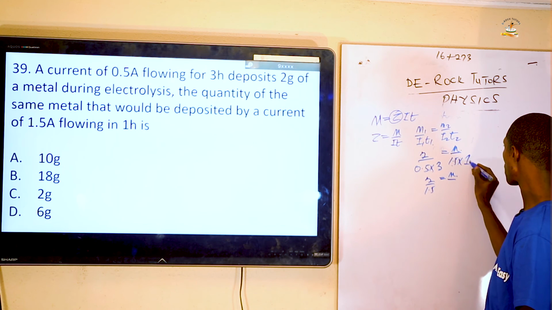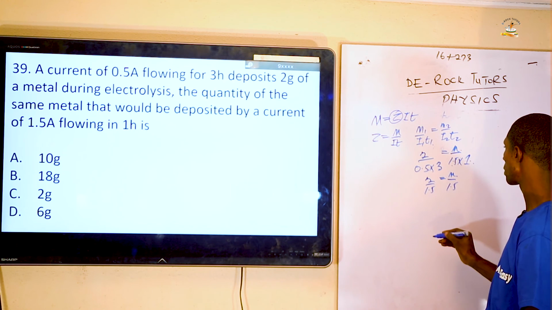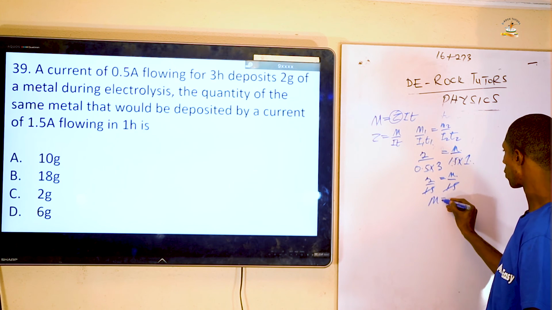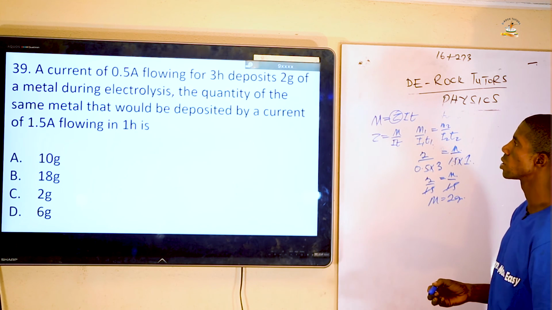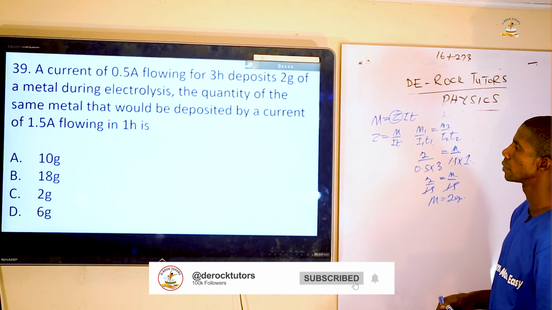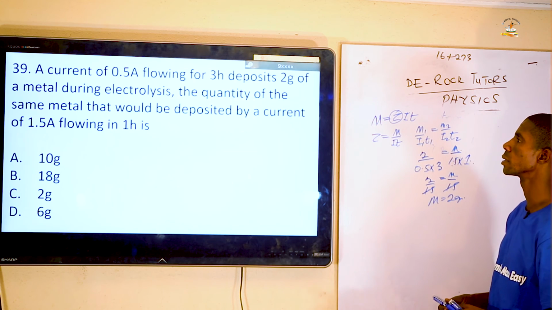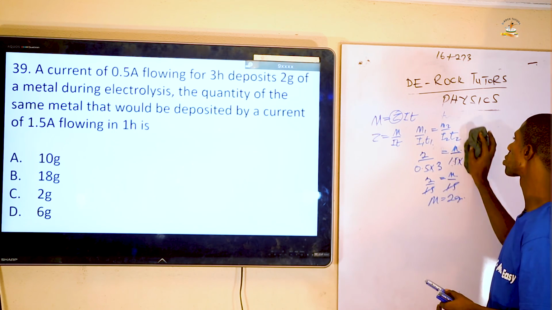So 0.5 times 3 gives us 1.5, and 1.5 multiplied by 1 also gives us 1.5. So on both sides, 1.5 will cancel out. So the mass will give us 2 grams, which is option C. Then we can go to the next question.